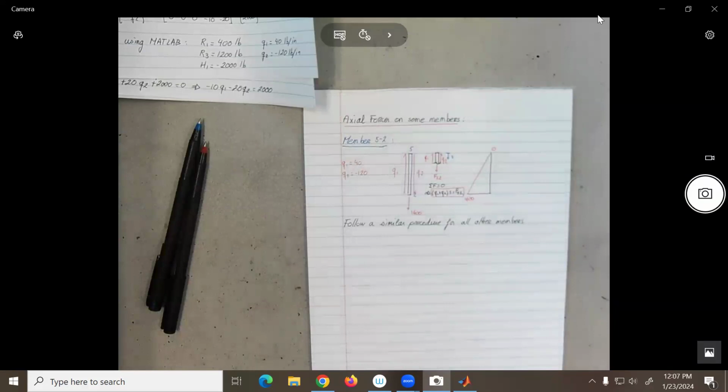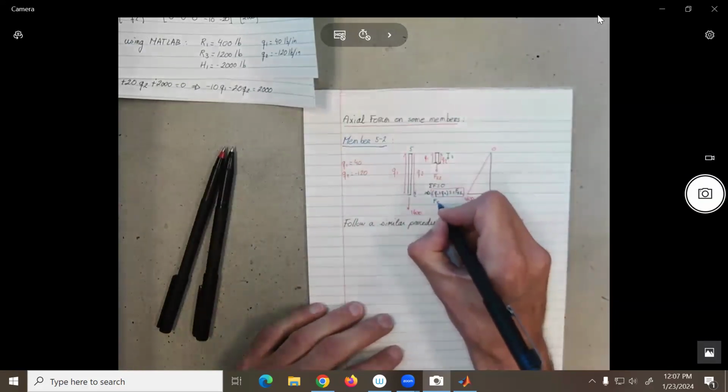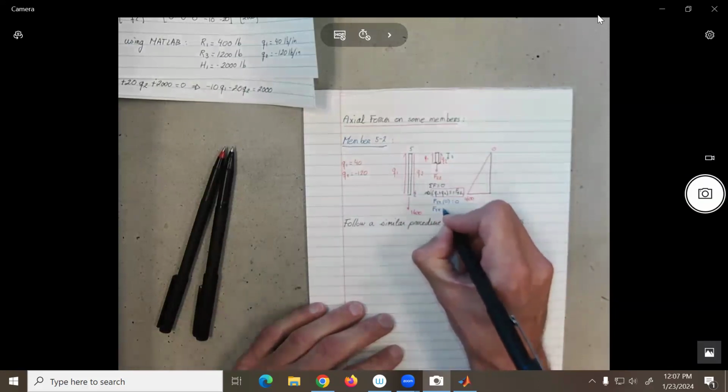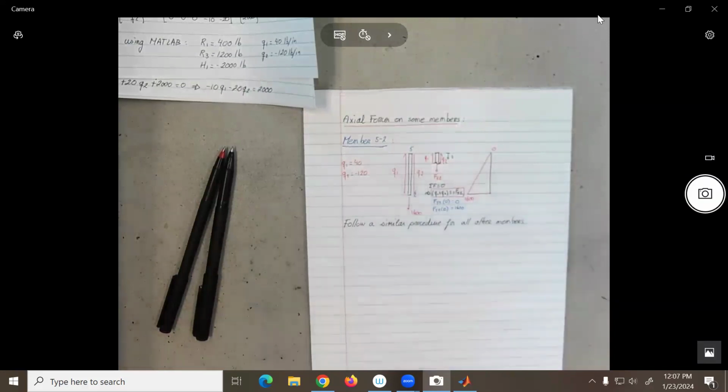Does that answer the question? So basically here we can put F52 at 0 equal to 0, and F52 at 10 equals 1,600. You can do something similar for all your members.